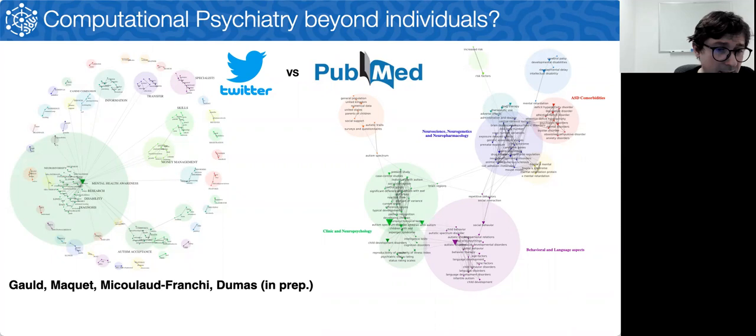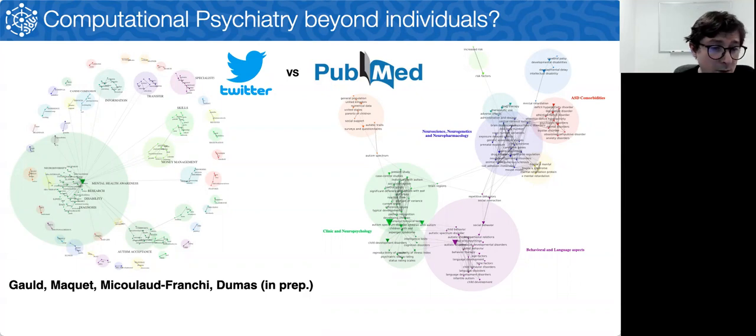And we can see that those topics and interests are not necessarily aligned. So for instance, in the case of Twitter, the major topics that come up are about acceptance of autism and mental health awareness, while on the PubMed biomedical research side, it's more about clinical neurophysiology and neurogenetics, neuropharmacology, and comorbidities.